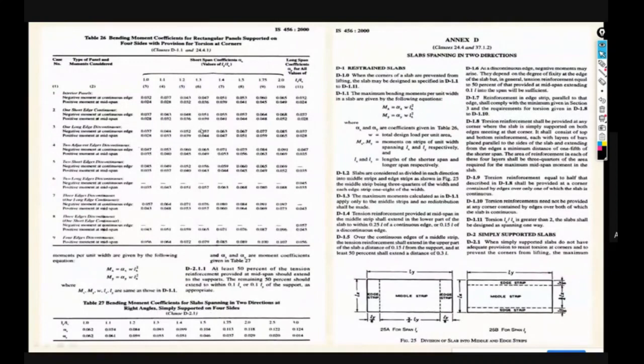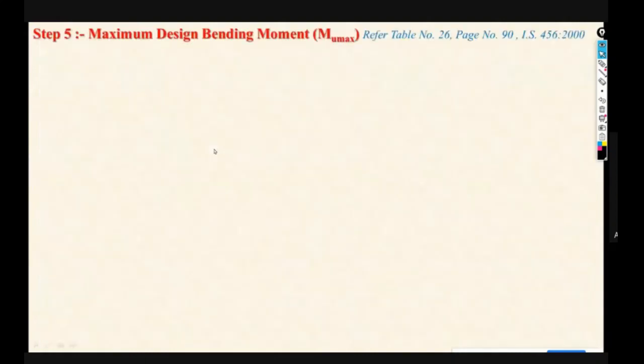So for 1.3, for the fourth case, the negative coefficient is 0.065, and the positive moment at mid span, the positive coefficient, is 0.049. Similarly for 1.4, 0.071 and 0.053, but we have to calculate it for 1.37. So for that we have to use the interpolation formula.